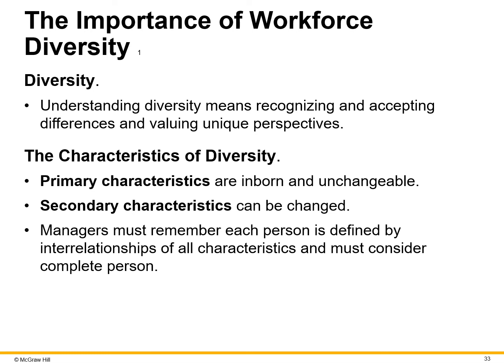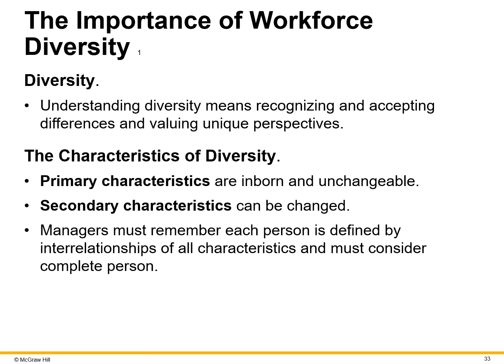Diversity refers to participation of different ages, genders, races, ethnicities, nationalities, and abilities in the workplace. Differences can be separated into primary and secondary characteristics of diversity. Primary characteristics include age, gender, race, ethnicity, abilities, and sexual orientation.